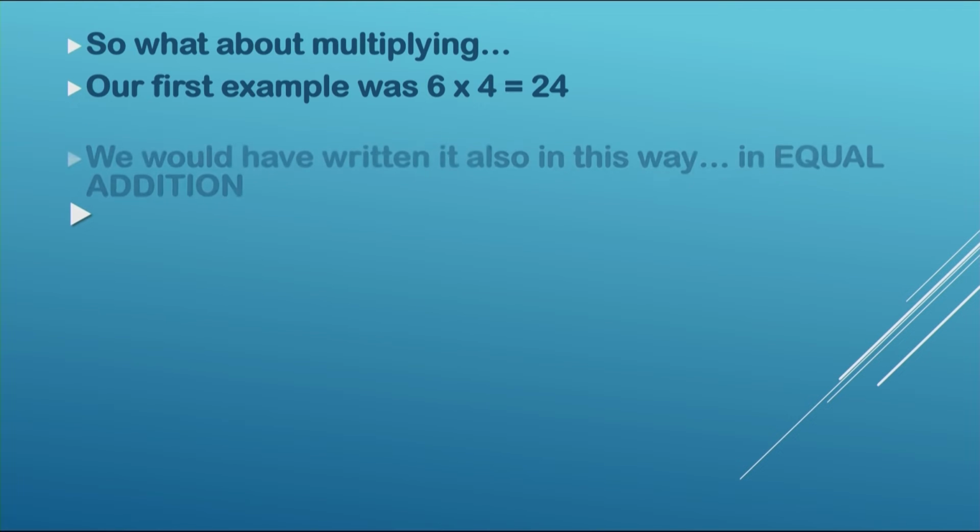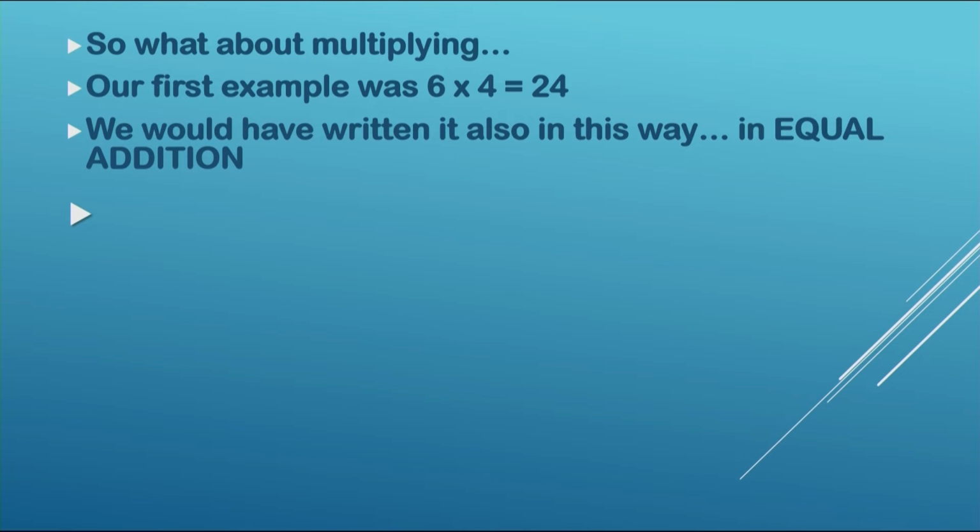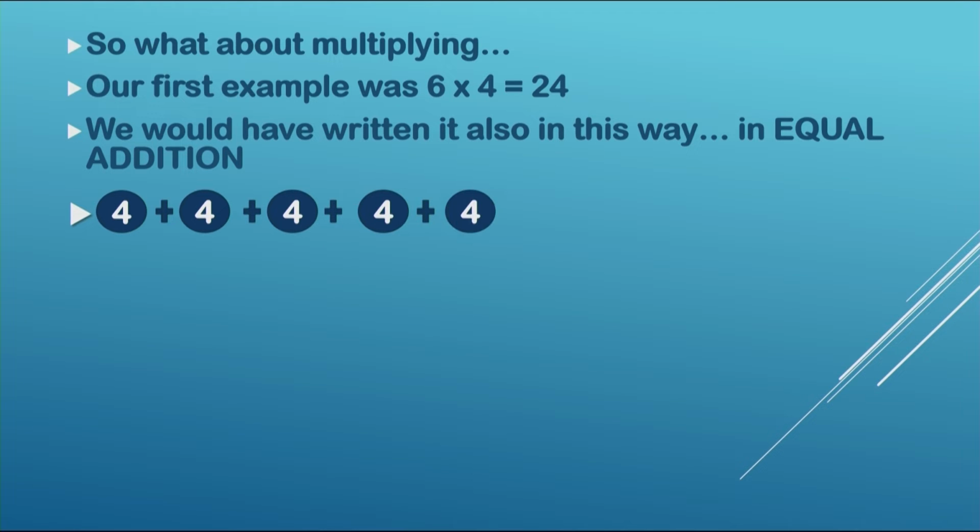So we continue. So what about multiplying? Our first example was 6 multiplied by 4 is 24. We would have written it also in this way in equal addition. 4, add 4, add 4, add 4, add 4, add 4.